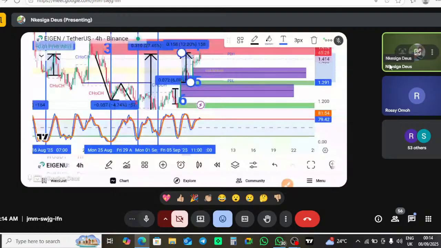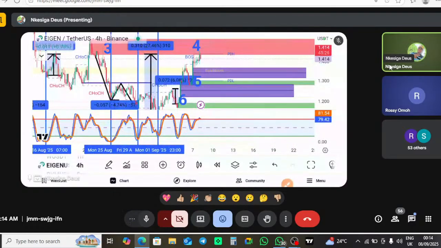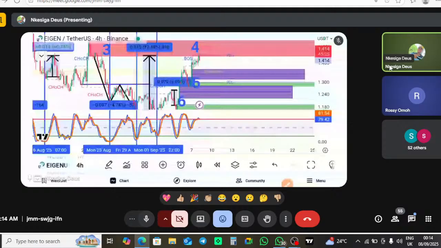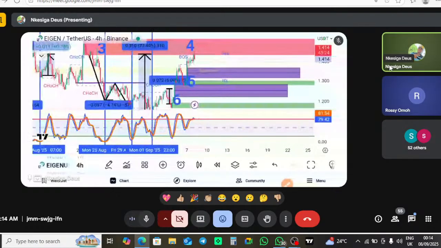Are we together? Now from there, at number 4, we are looking forward to see the rejections and we short the market. Or else, we break this block and we take it away.